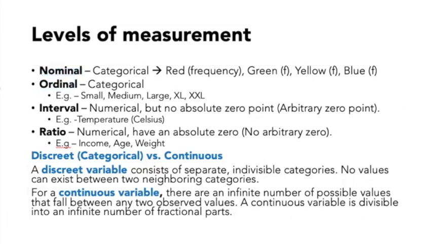Now, these are just 4 different types of variables. Nominal and ordinal come under the discrete variable category, or categorical variables, because they consist of separate, indivisible categories. Red cannot be divided into multiple parts, because red is red, green is green. That is exactly what happens when you have categorical variables. But variables like interval and ratio, we call continuous variables, because in between two values you have an infinite number of possibilities.